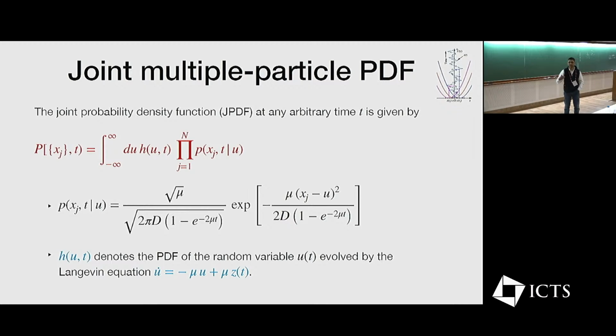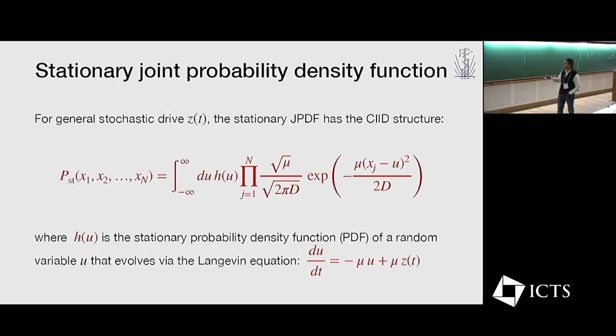It can be any process, and if z of t remains of order 1, then in the limit t going to infinity it reaches a steady state, given by this IID structure, where h of u is the steady-state distribution of this process.